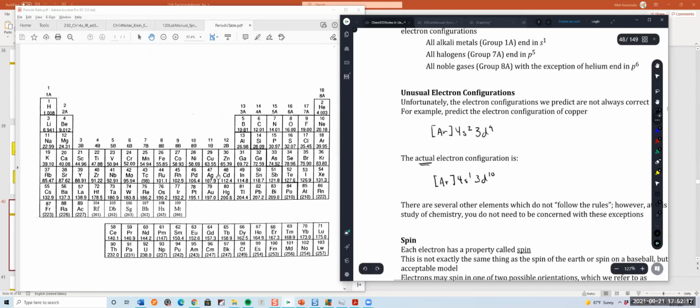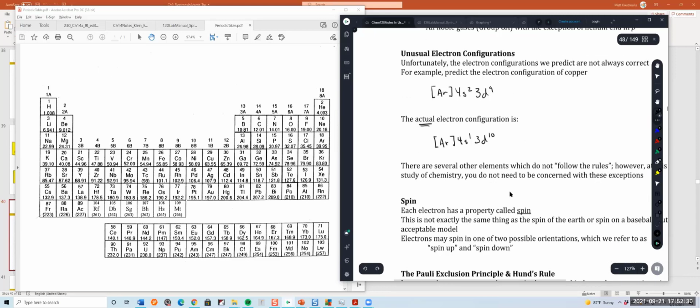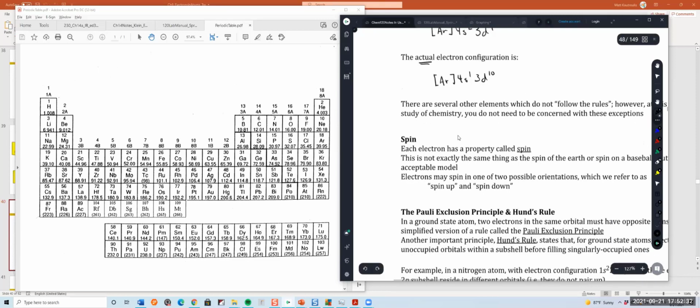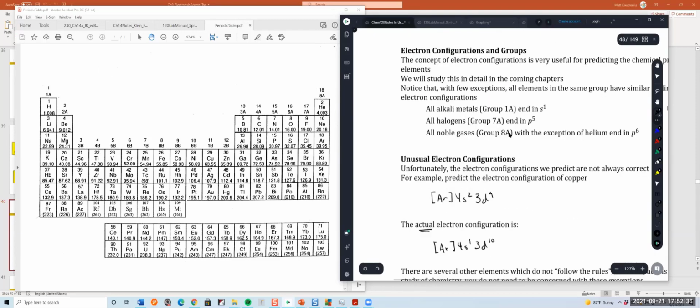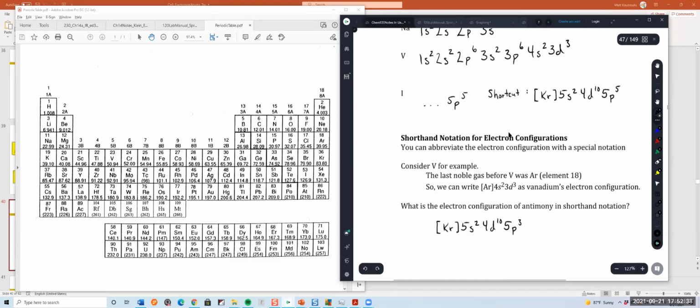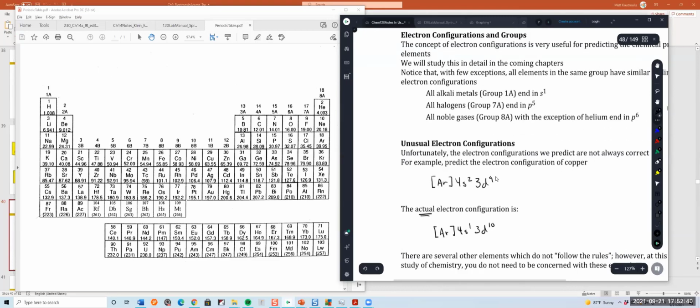So silver, for example, you would predict it to be krypton 5s2 4d9. It's not, but that's what you would expect based on these rules. But why does it do this? The overall reason, remember, is you fill the electrons in order from lowest energy to highest energy.